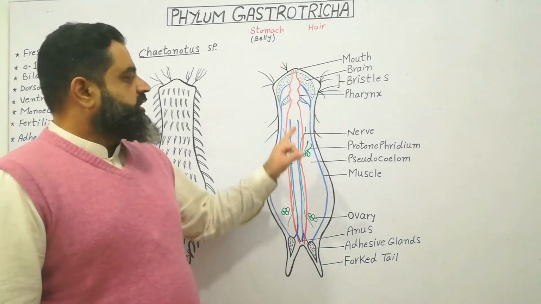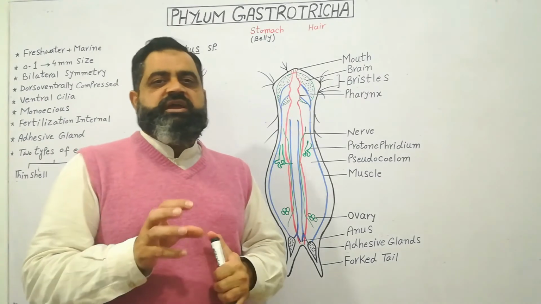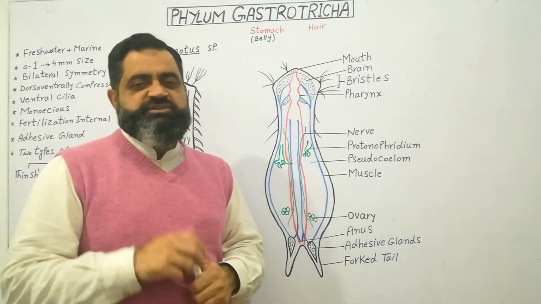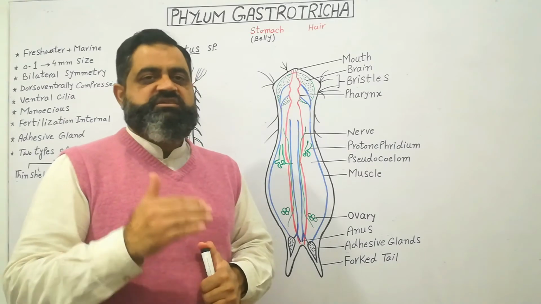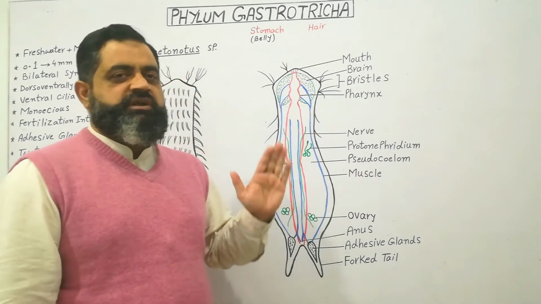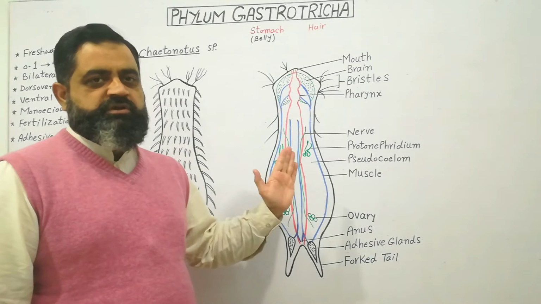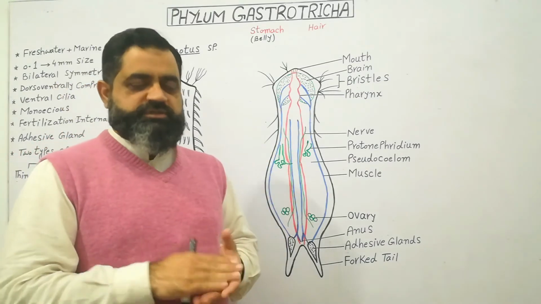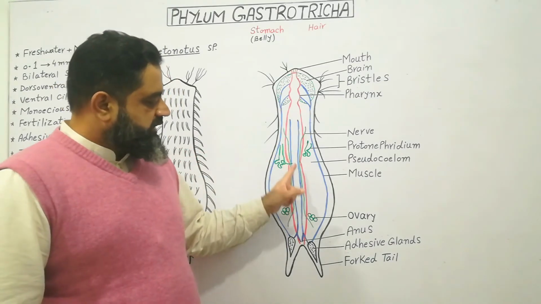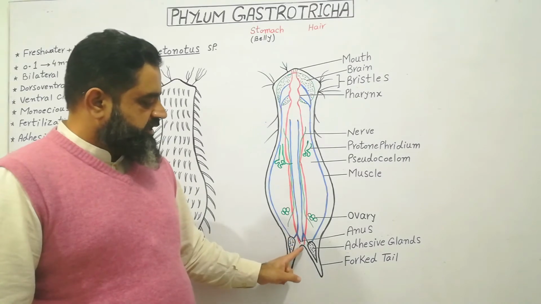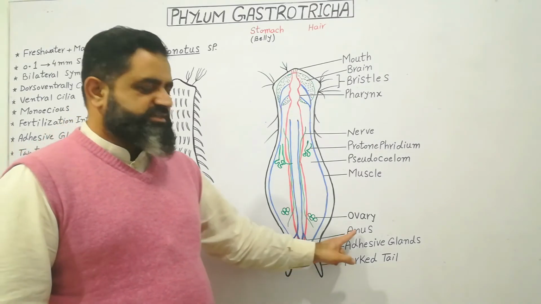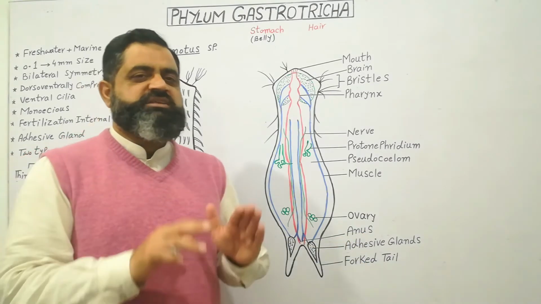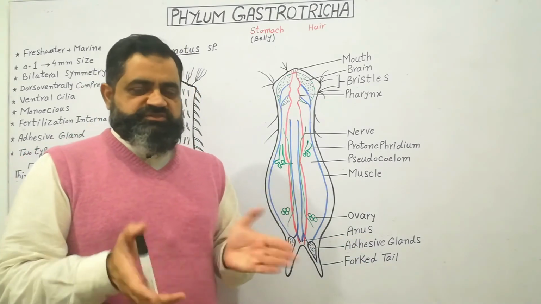There are certain salivary and gastric glands associated with the intestine. Most of the digestion takes place extracellularly, and after digestion the food is absorbed and provided to all body parts. Undigested material is excreted out of the body. From the posterior side there is an opening which is known as the anus. So they have a very simple digestive system.